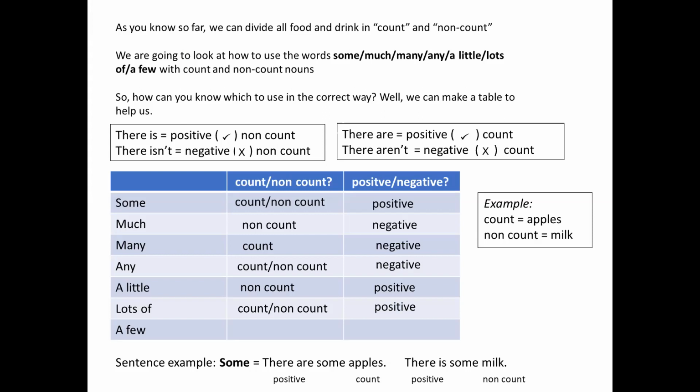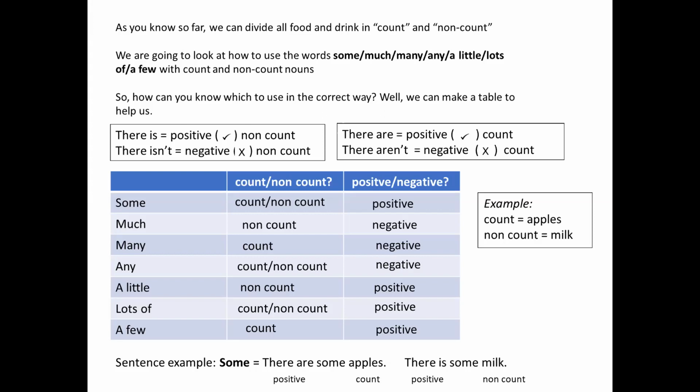So this one we could only use with positive. And finally, a few. Now we know a few means 3 or 4, so of course we can count. And now do I say there are a few or there aren't a few? Only positive, there are a few is possible.